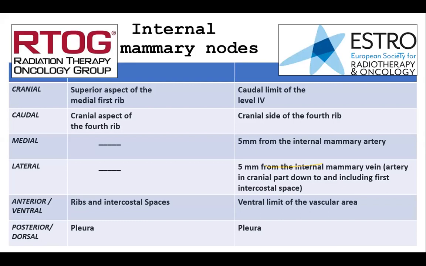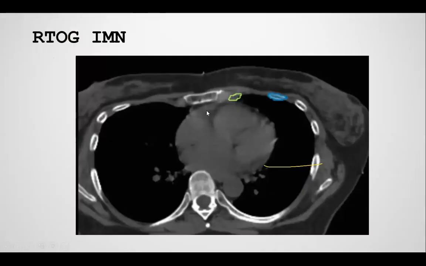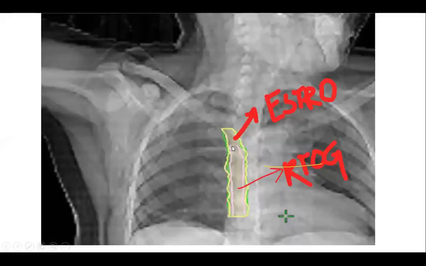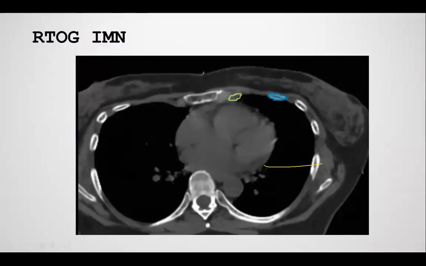Okay. So moving ahead to the internal mammary nodes, here RTOG uses a simpler approach. It uses only the superior aspect of the first rib, and caudally ends at the cranial border of the fourth rib. Here we can see they have taken only the first rib to the fourth rib, and they have ended over here.